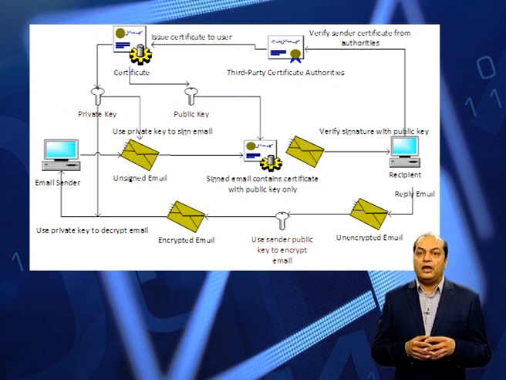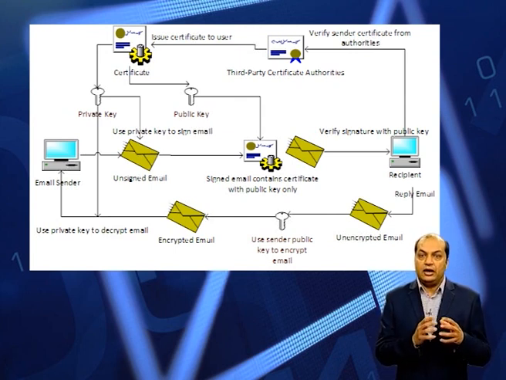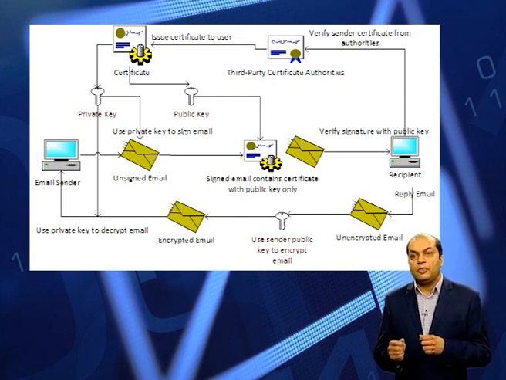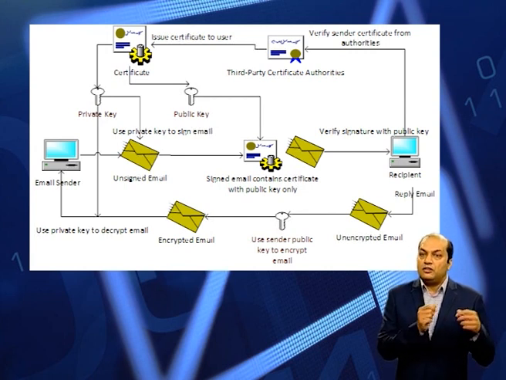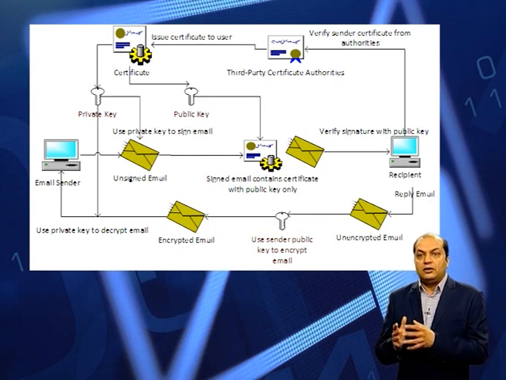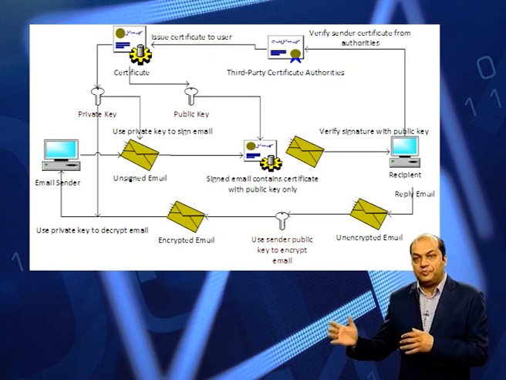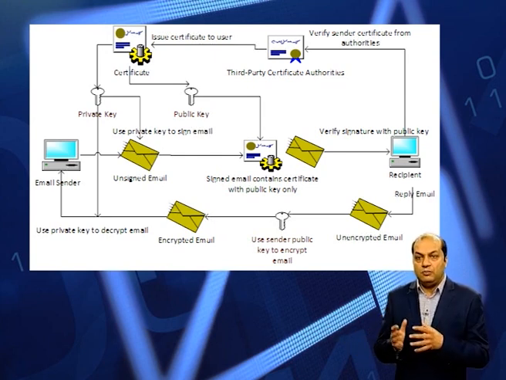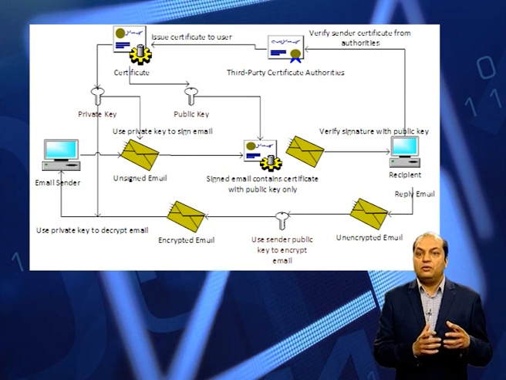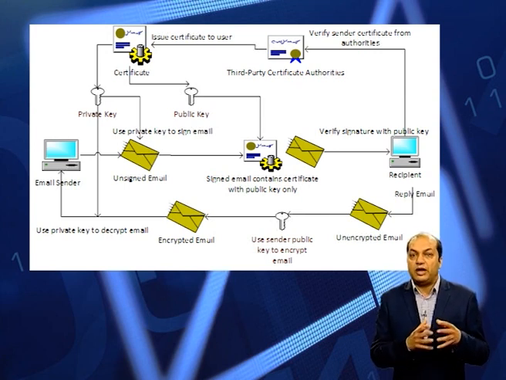After that, the actual email message will be encrypted using that random secret with a symmetric key encryption algorithm, and then the sender will send this encrypted message and the encrypted key to the receiver. After receiving the email, the receiver will first of all open that encrypted key, which he will have to decrypt using his private key.